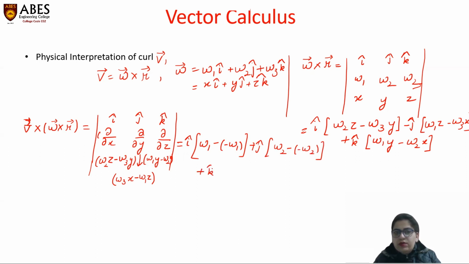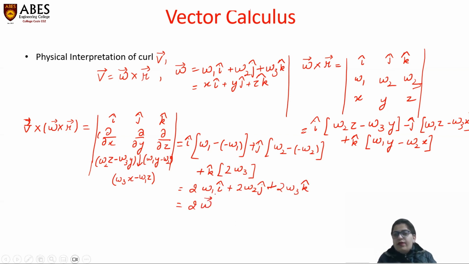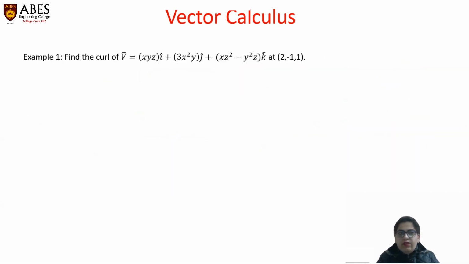In a similar manner, we can write 2 omega 3. So we have 2 omega 1 i cap plus 2 omega 2 j cap plus 2 omega 3 k cap. And finally, we can write it in this manner: curl of v, the velocity of the fluid, is equal to twice the angular velocity.